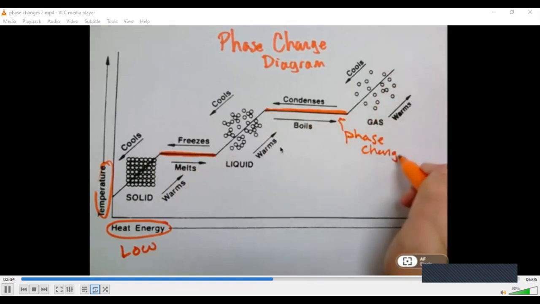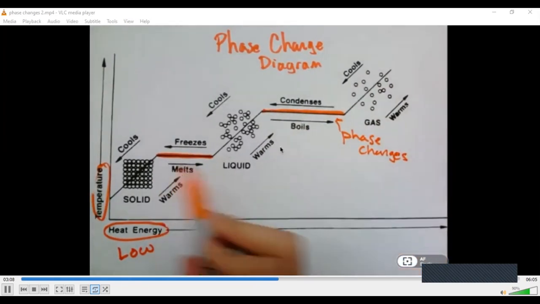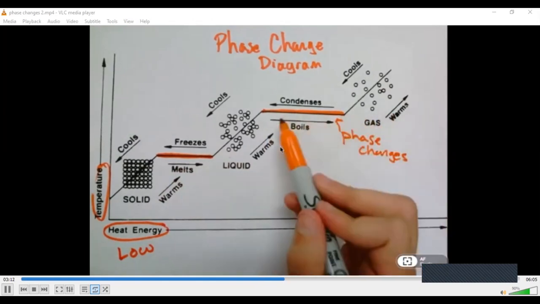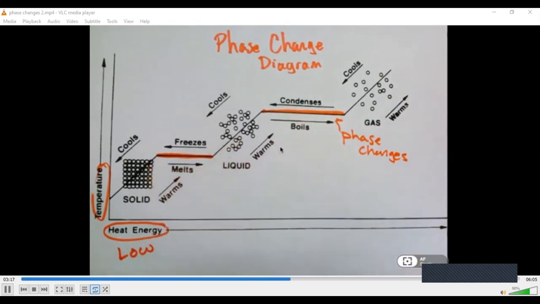This is where we go from one state of matter to the next, either by melting a solid into a liquid, boiling a liquid to a gas, or going in the opposite way, condensing gases to liquids and freezing liquids to solids.